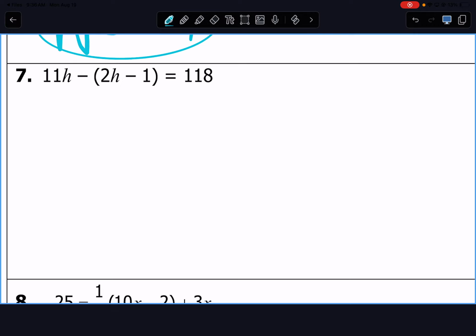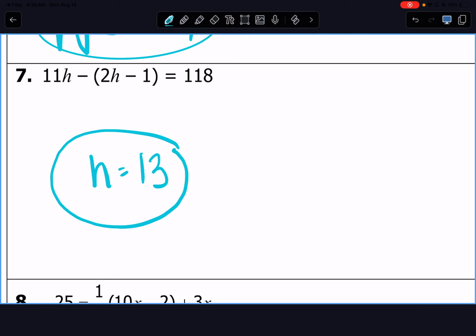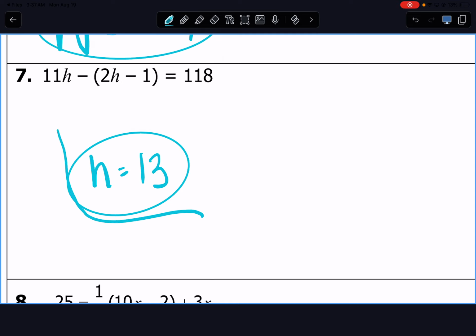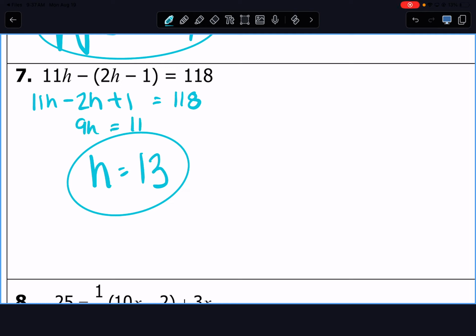The answer to this one is H equals 13, because we would get 11H minus 2H plus 1 equals 118. 9H equals 117. Divide both sides by 9 and you get 13.